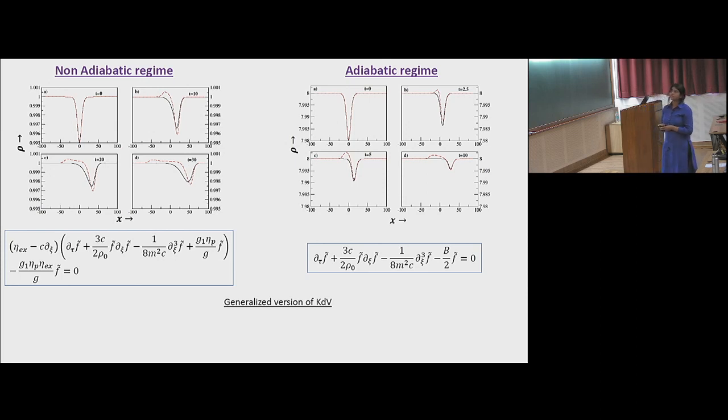These are the time evolution of density for different time steps. We can see that for both the non-adiabatic and adiabatic regimes, the two methods, the original dynamics and the effective dynamics, match very well qualitatively. So this recipe also suggests a way to give suitable initial conditions for the original dynamics.